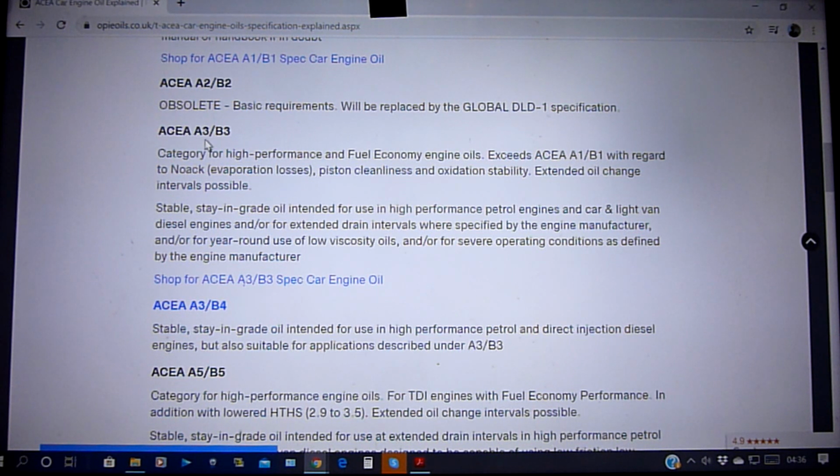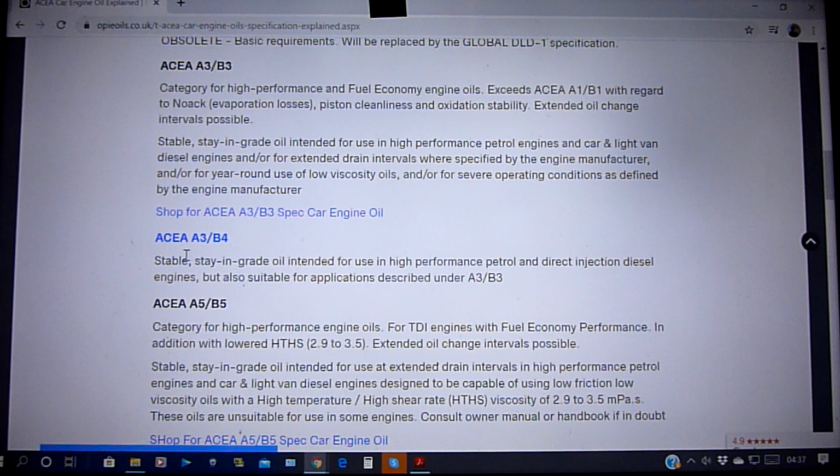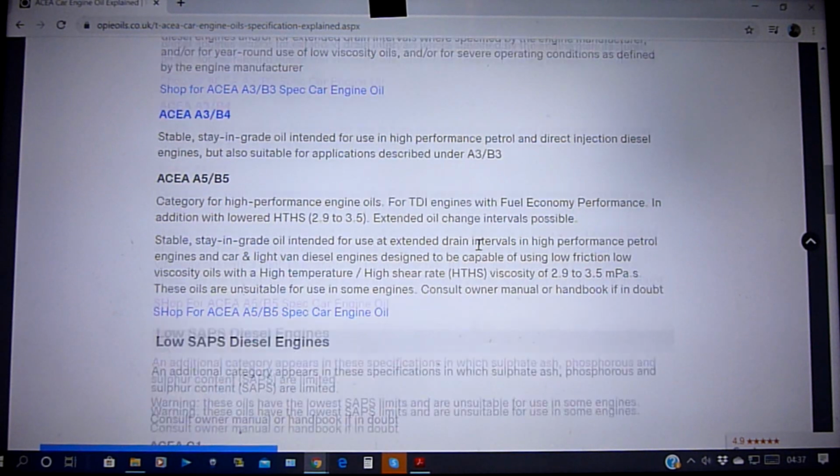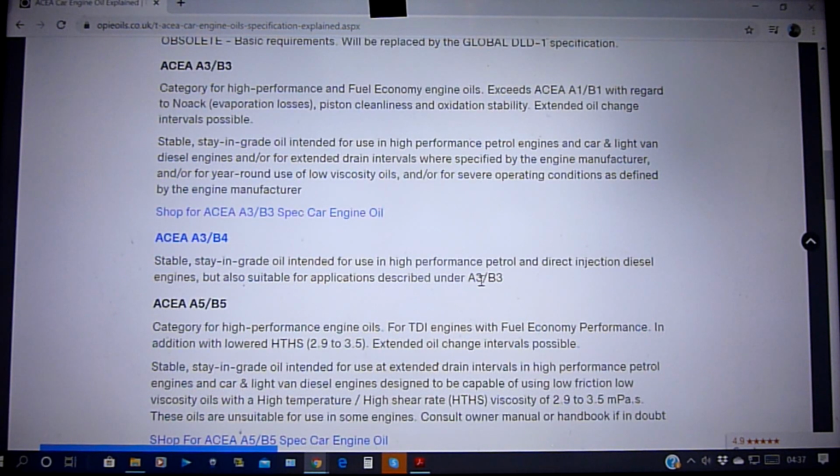ACEA A3/B3 high performance fuel engine, fuel economy. Now keeps going on. ACEA A3/B4 stable staying grade engine oil for high performance and direct injection diesel engine. I've got a feeling my old Mondeo probably used something like this, but suitable for application described under A3/B3.